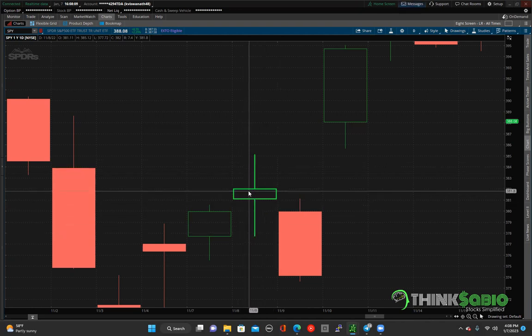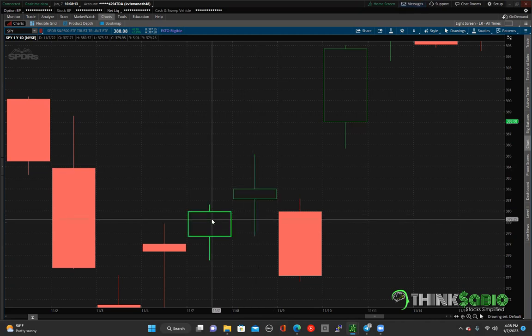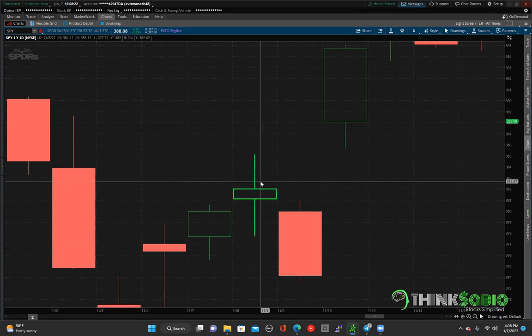In a candlestick, this is called the body. These are called the wicks. Here, this is the body, and the lines above, those are the wicks. Body, wicks. So let's see how to represent the open, high, low, and close in a candlestick.